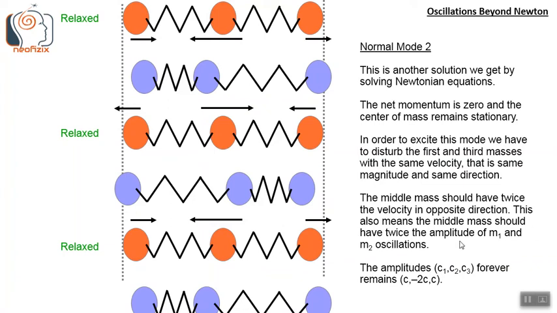This also means that the middle mass should have twice the amplitude of m1. They'll have one common frequency, and if the m1 and m3 velocities are v, their corresponding amplitude will be, say, c, then the amplitude corresponding to the motion of m2 will be 2c. So that is what we see. The amplitudes c1, c2, c3 forever remain c, minus 2c and c.